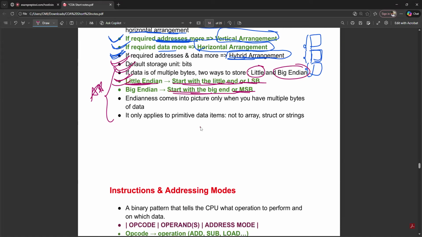Let's say you have x equal to 1, 2, 3, 4. So this x is multiple byte data.